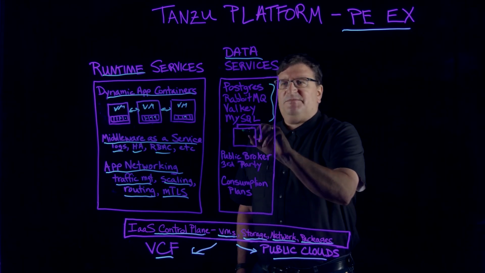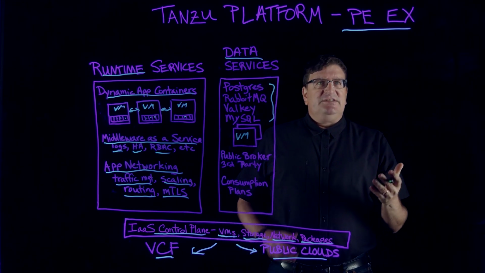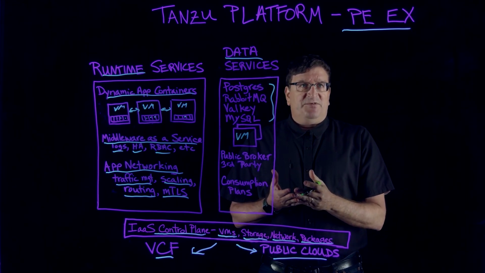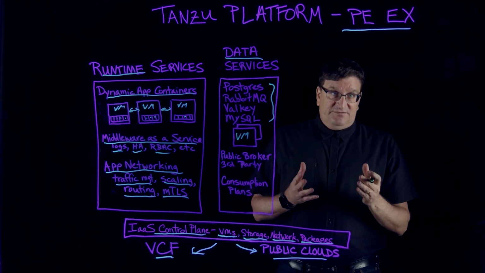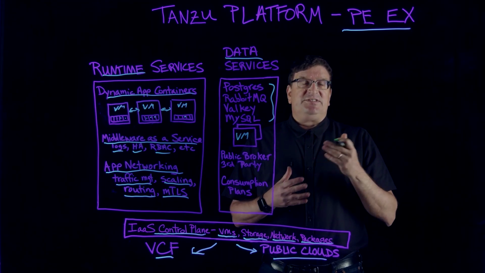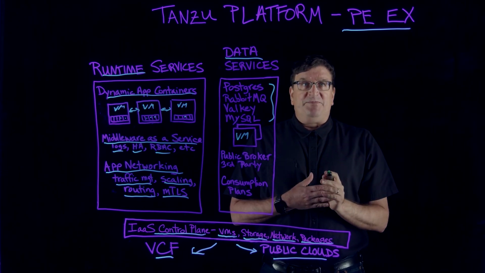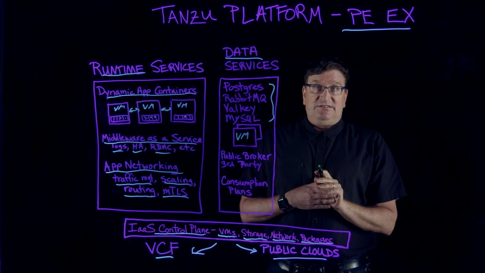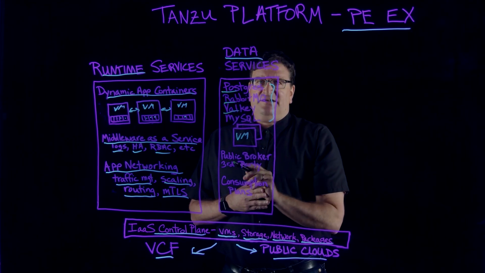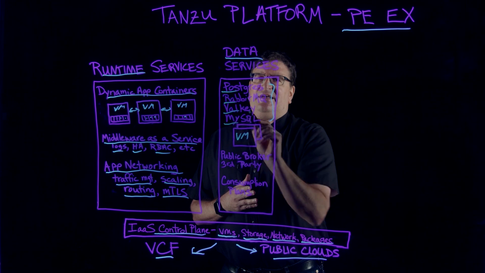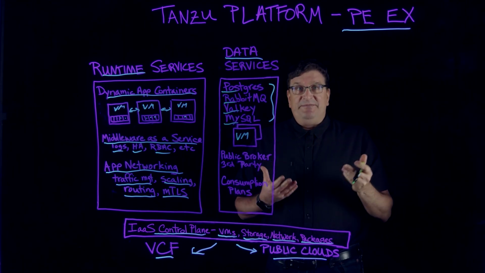That means that the platform installs a virtual machine or a set of virtual machines, then installs the data service on top of it, and handles everything in the life cycle of that data service, from installation to scaling to lifecycle management and so on. There are 4 types of fully managed data services in the Tanzu platform: Postgres, RabbitMQ, Valkey, Redis for caching, and MySQL. But you are not limited just to that.